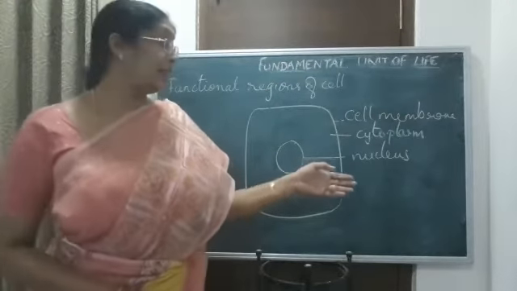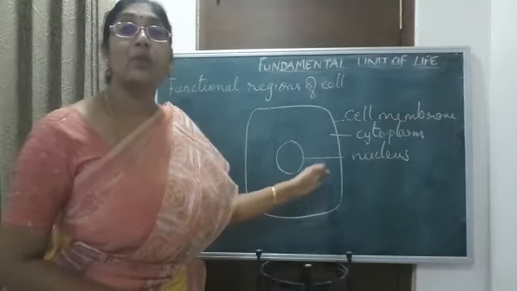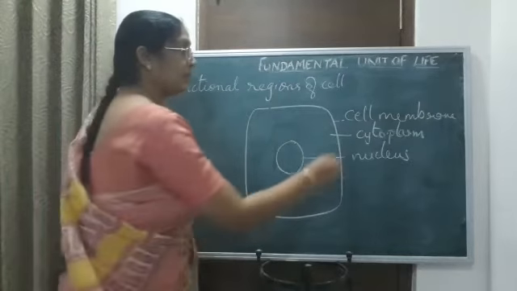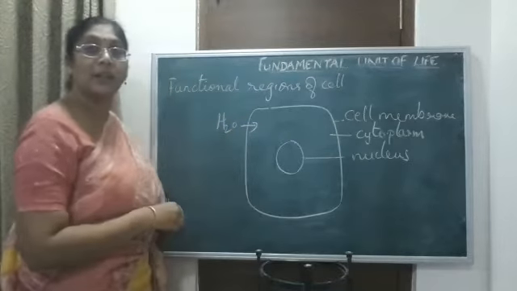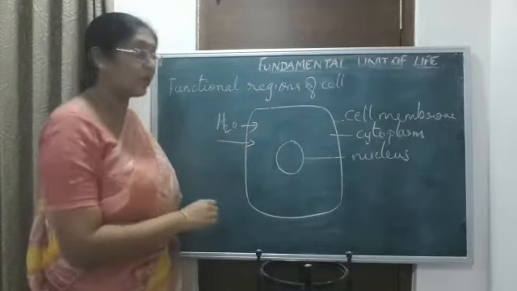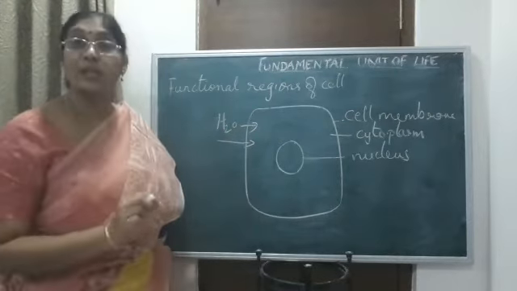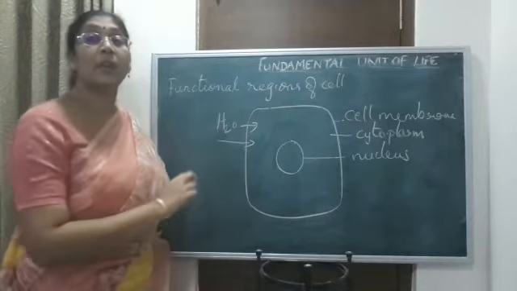So the cell membrane allows what materials have to enter the cell, and decides what materials have to move out of the cell. For example, water is required by the cell, so it is permitted into the cell. Glucose is required by the cell, so it is permitted in. This cell membrane, which is a porous membrane, will select what has to enter into the cell and what has to move out.